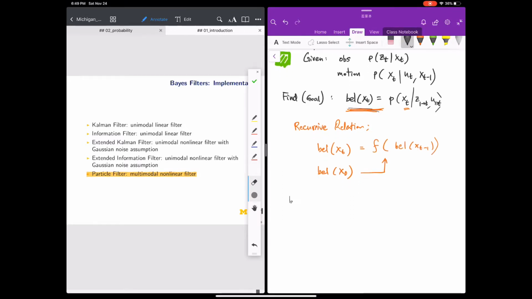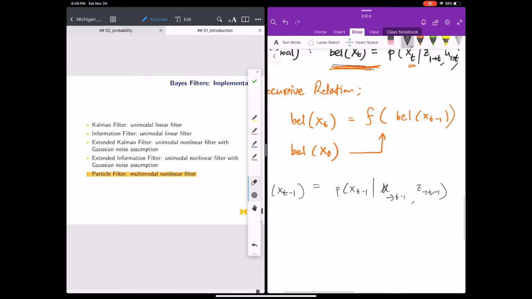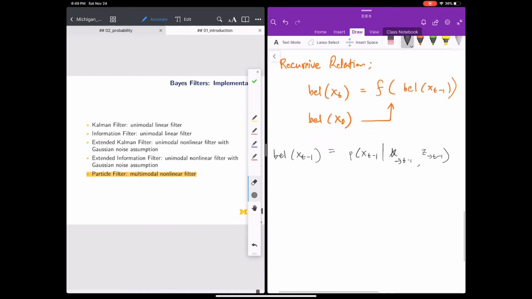So my belief xt minus 1 is simply p of xt minus 1 conditional on u 1 to t minus 1, z 1 till t minus 1. Okay?